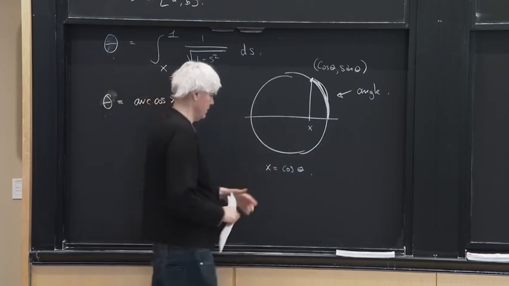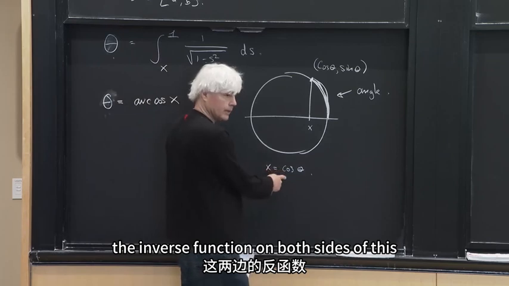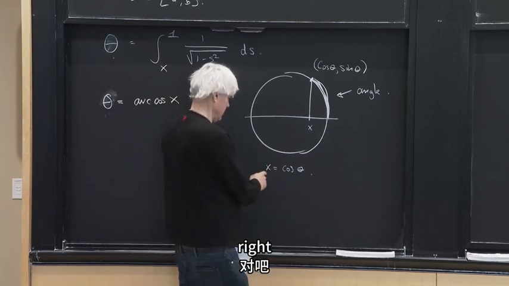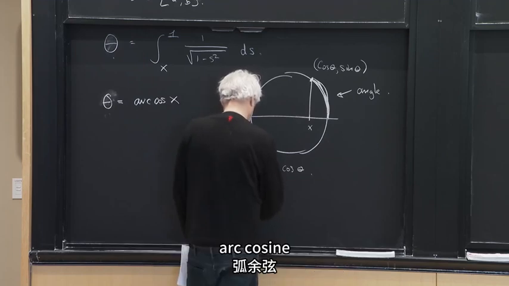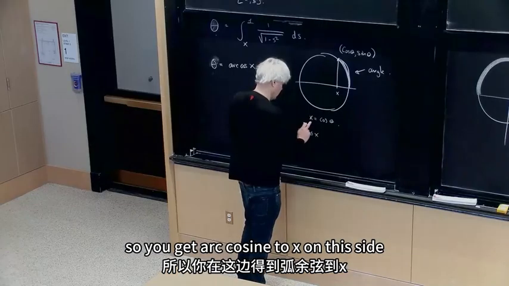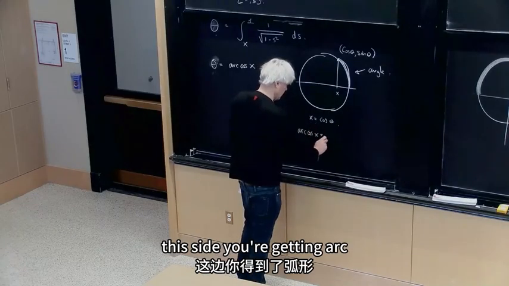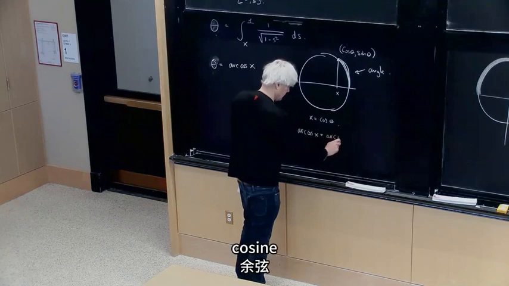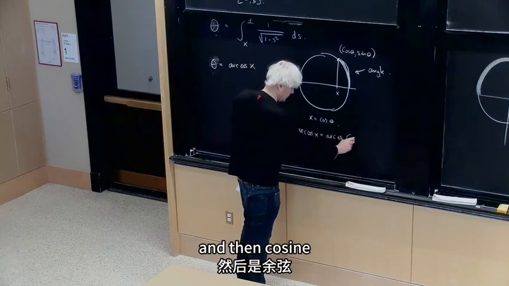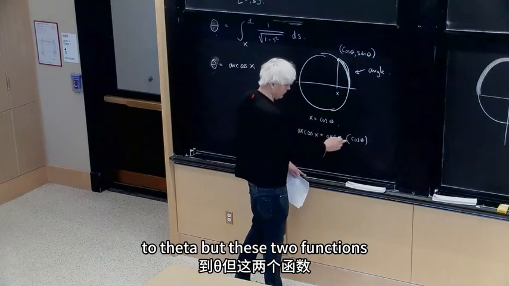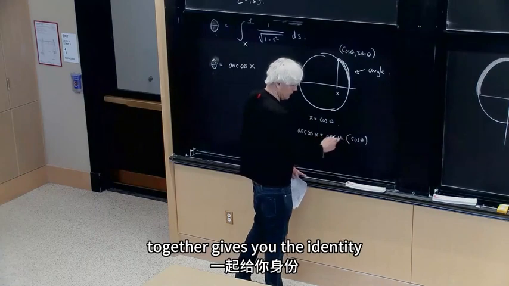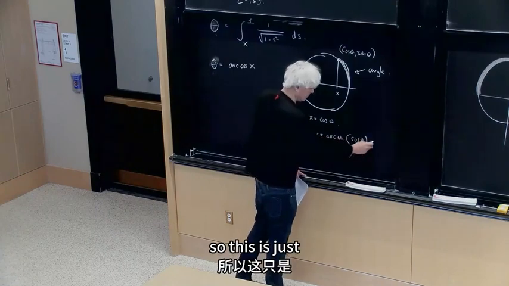If you take the inverse function on both sides, you get arc cosine of x on this side. On this side, you're getting arc cosine of cosine of theta. But these two functions together give you the identity. So this is just theta.